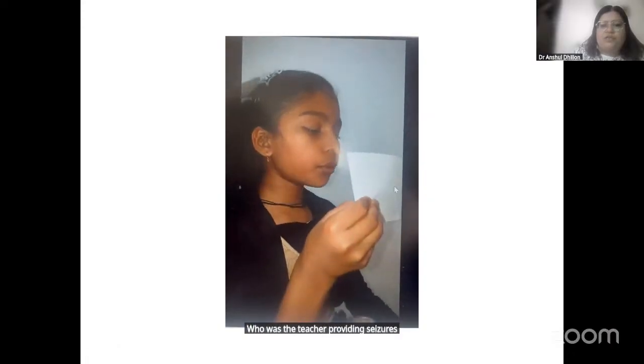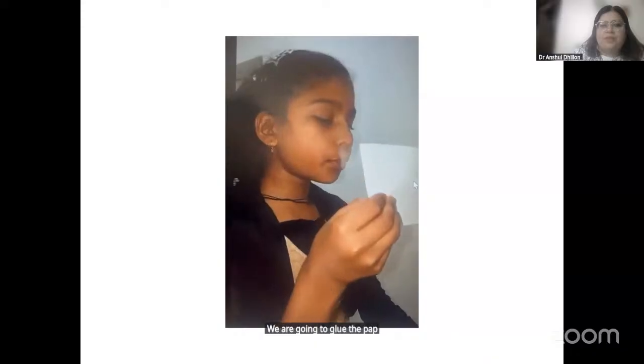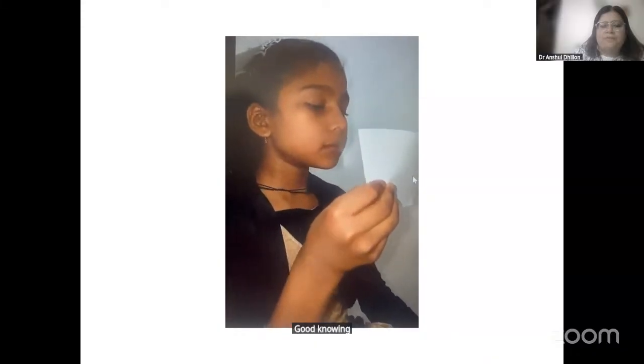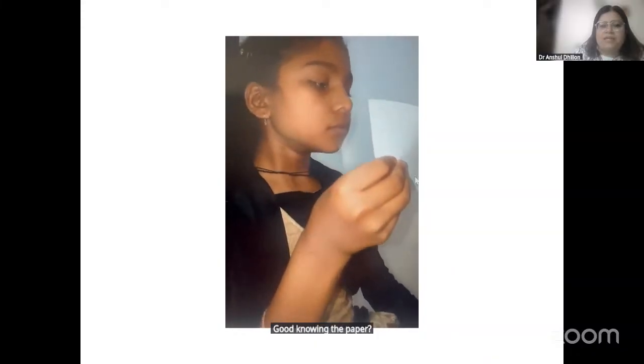So this is a girl who was suspected of having absence seizures. We asked her to blow the paper. She's blowing the paper. This is the hyperventilation test.